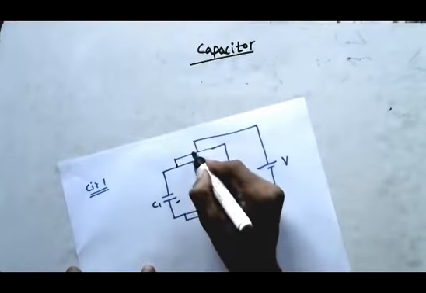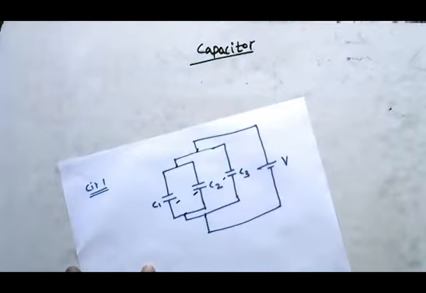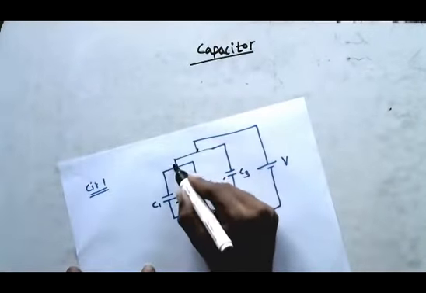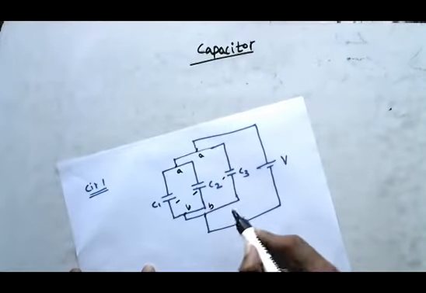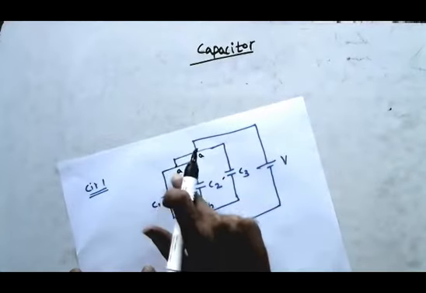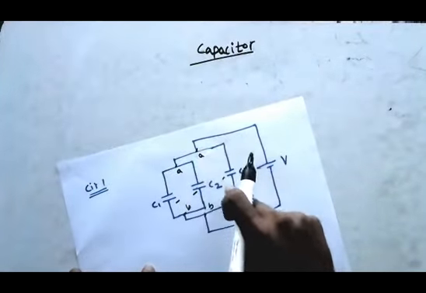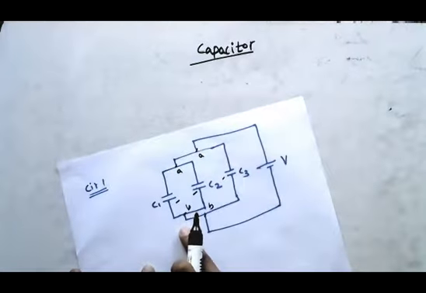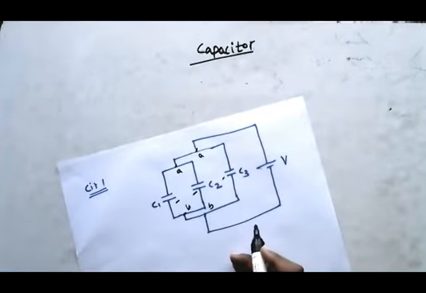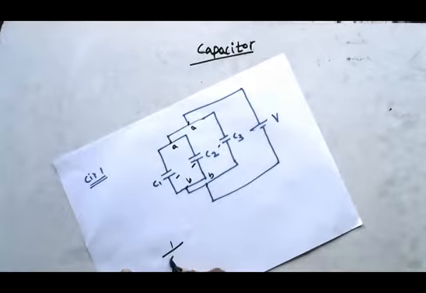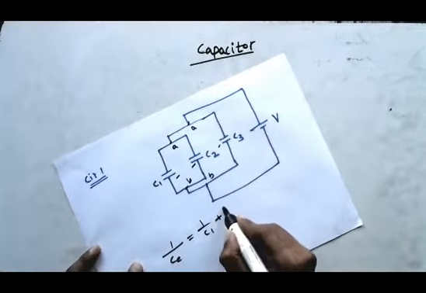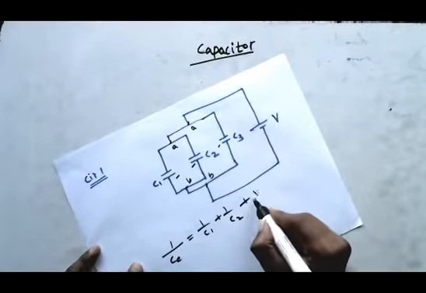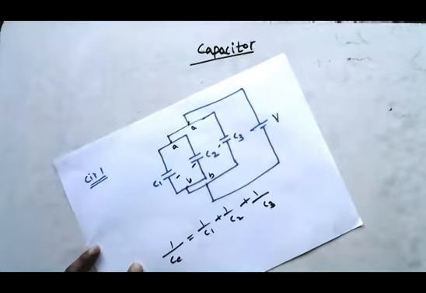If we take point A here, it is short circuited, and B here is also short circuited. So C1 connected here, C3 also connected here, and the other ends all at B. So we can directly say C equivalent is equal to C1 plus C2 plus C3. This is the way we can solve this problem.